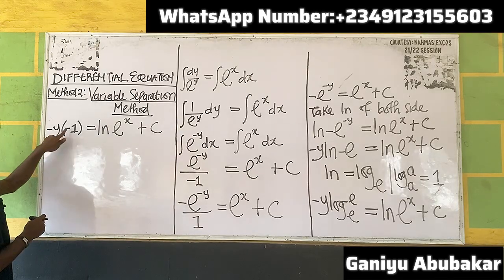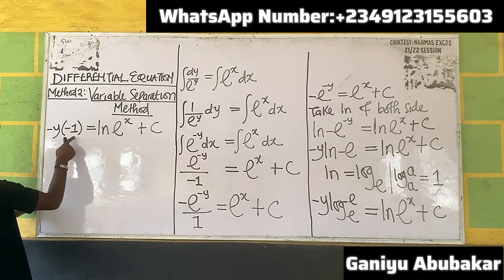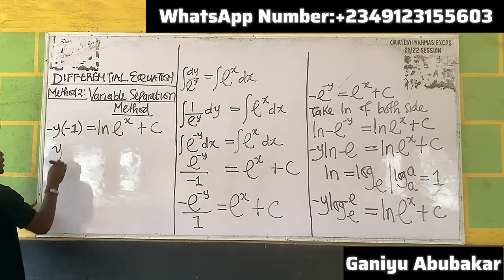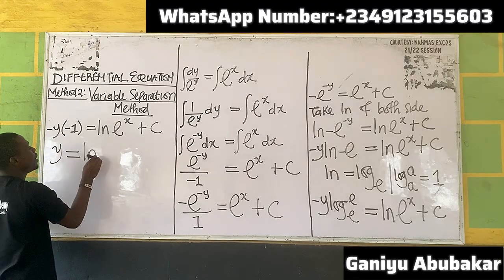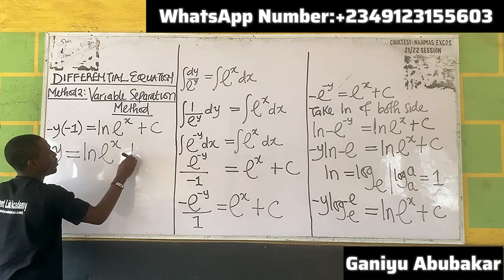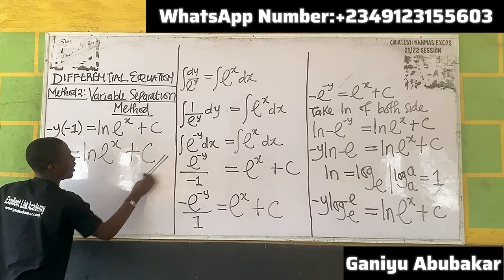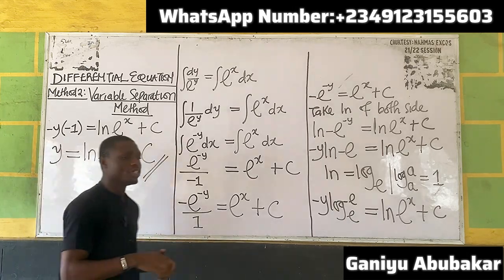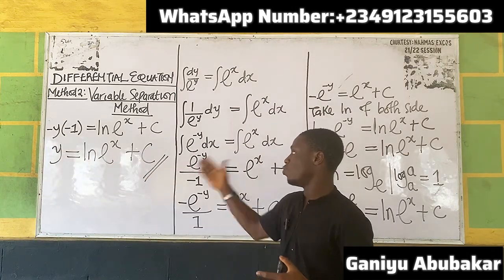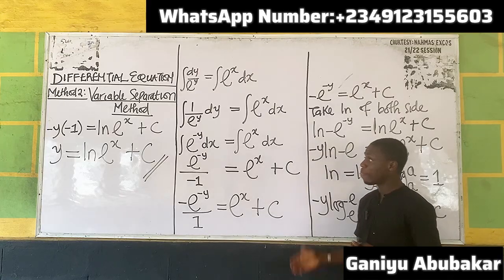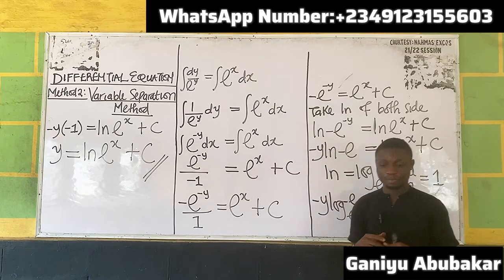From here, minus minus gives you plus. So I can say that y now is equal to ln exponential x plus c. This is the required solution for the differential equation. This is a solved problem of this kind.